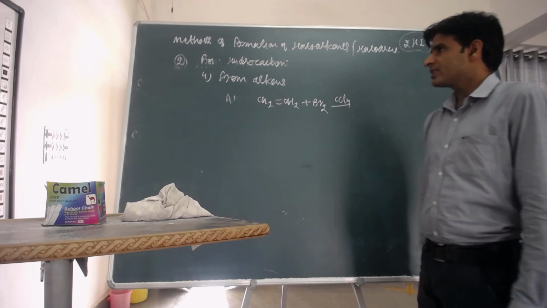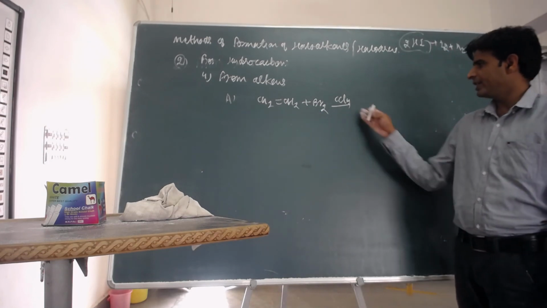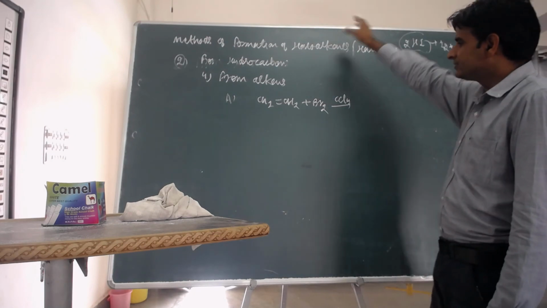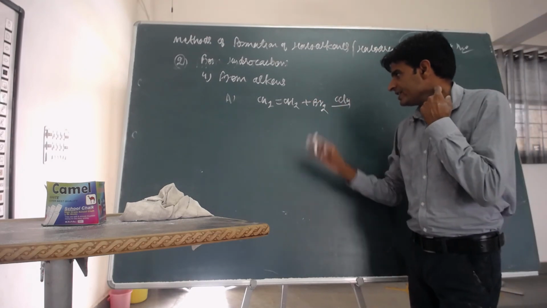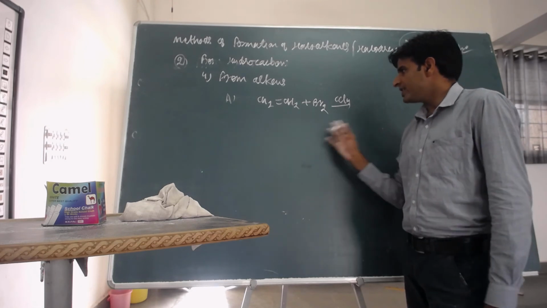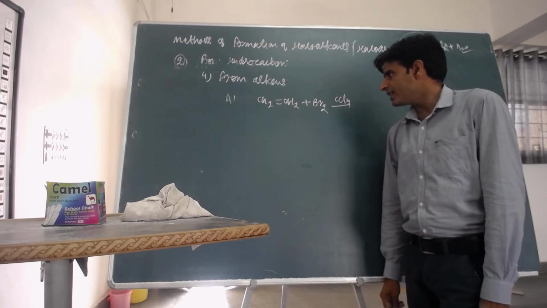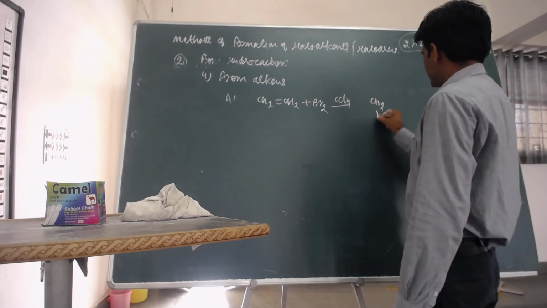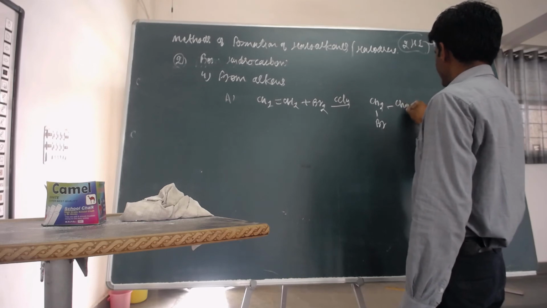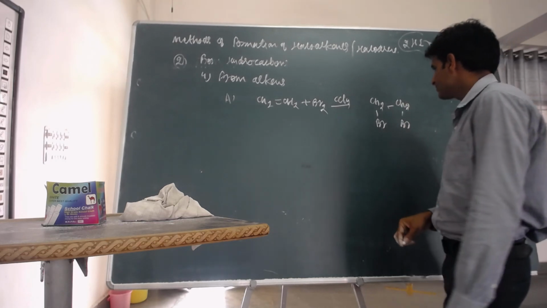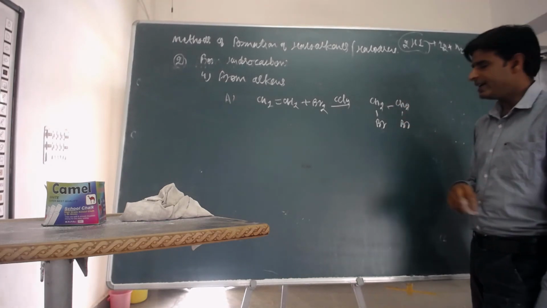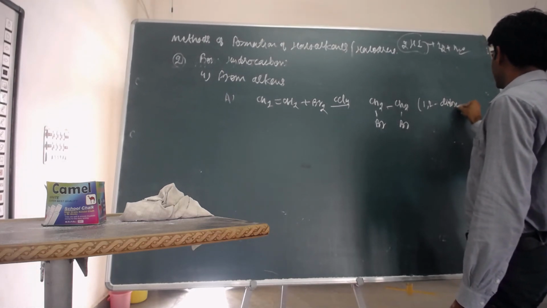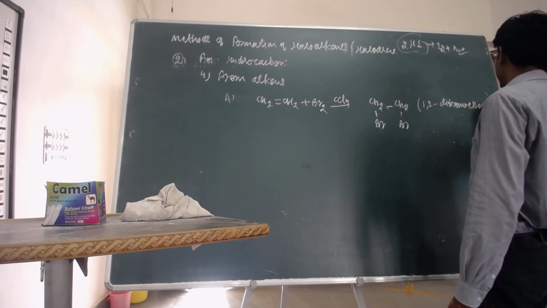This type of reaction we have already discussed in practical chemistry in 11th class, and this is mainly used for the detection of the presence of a double bond in an organic compound. And this compound is CH2Br-CH2Br. Simple thing, a vicinal dihalide, 1,2-dibromoethane.